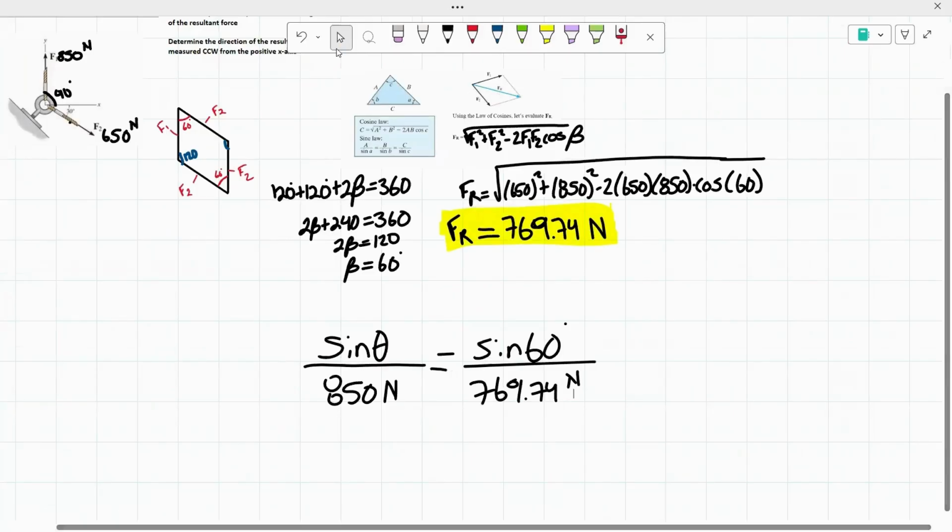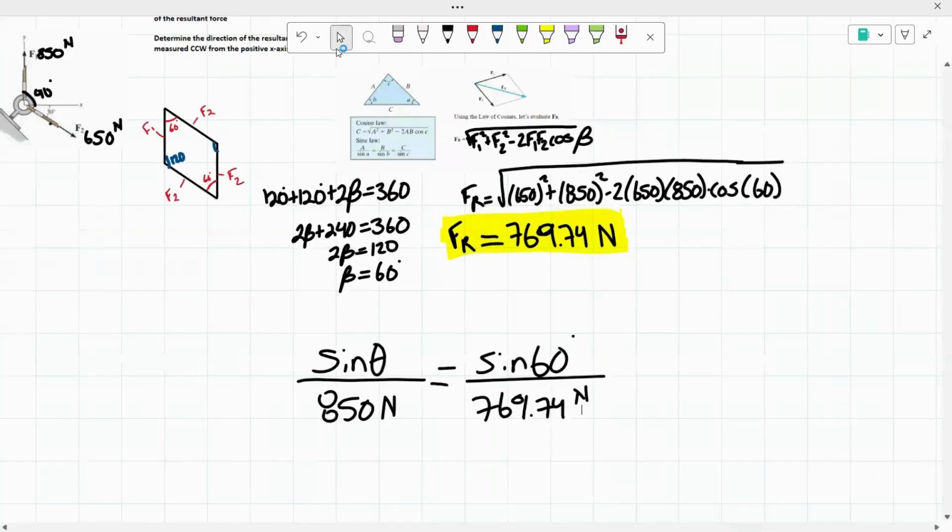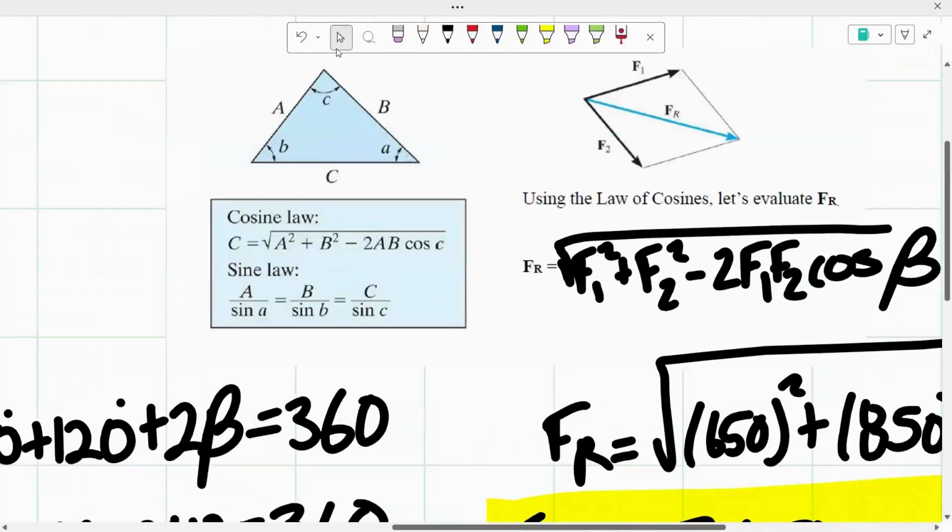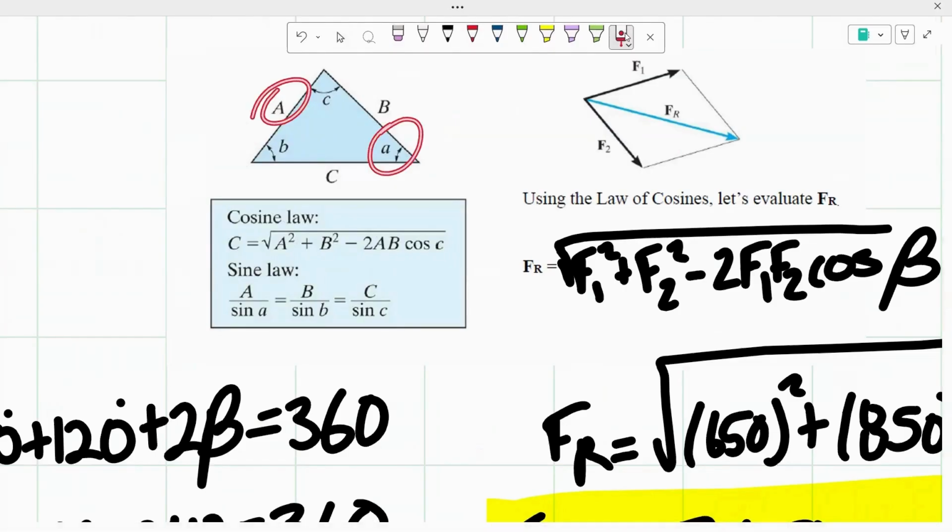We did this because, as you can see from the sine law, each side goes with its opposite angle. This side goes with the opposite angle, this side B goes with the opposite angle, and this side C always goes with the opposite angle. So it's always the side over sine of the opposite angle.